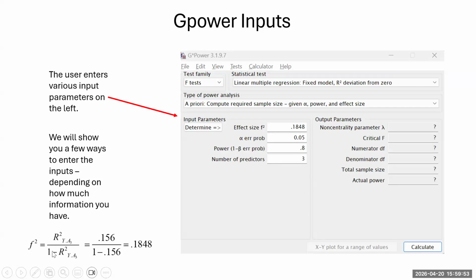Okay. At the bottom on the left-hand side here, I show how we would compute F squared directly from the r squared that we're hoping to achieve. Here we're conjecturing that the model with 3 predictors is going to account for 15.6% of incremental variance in y, and then the denominator would be 1 minus 0.156. If we form that ratio, we get the F squared of 0.1848.